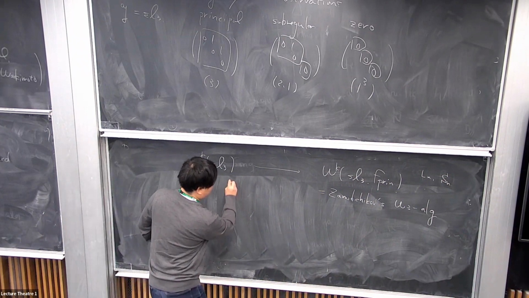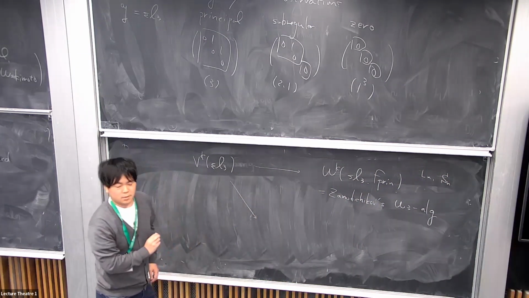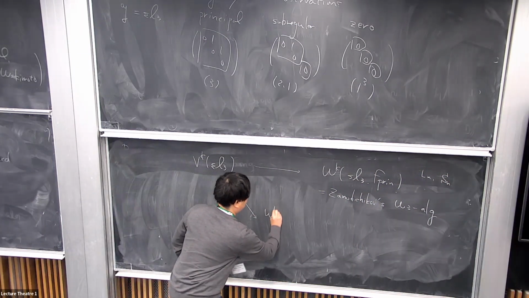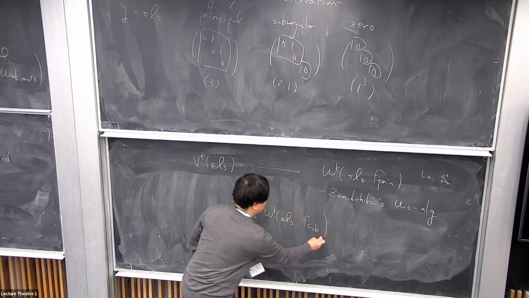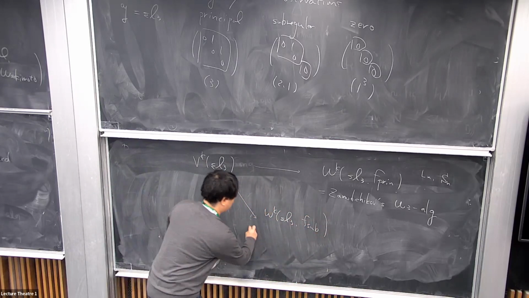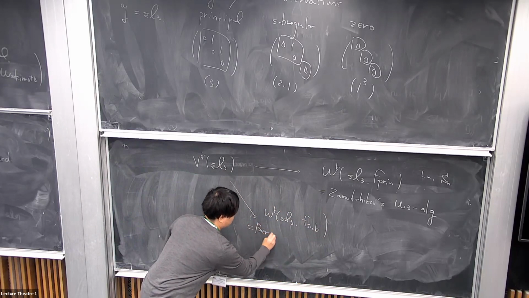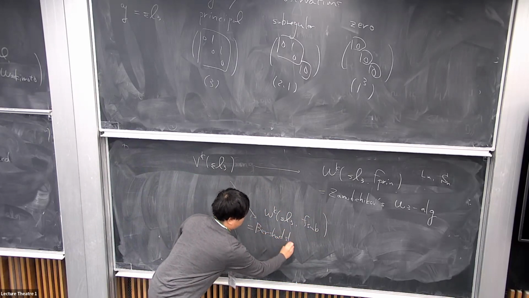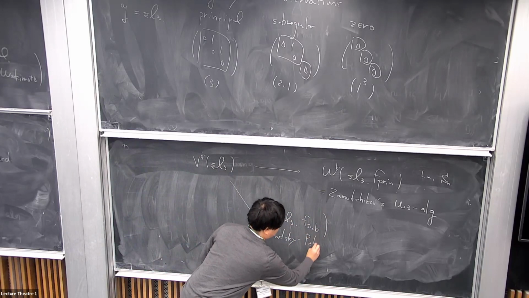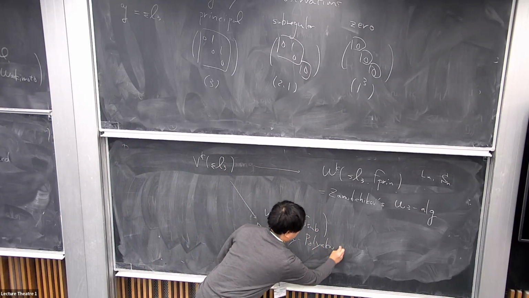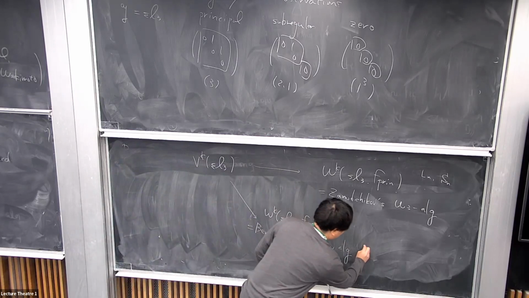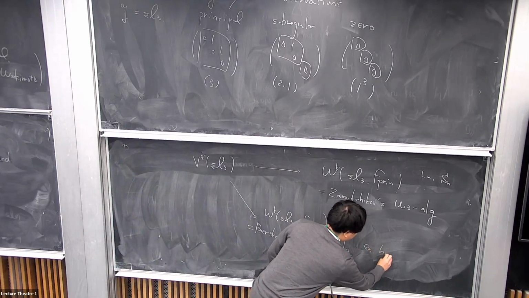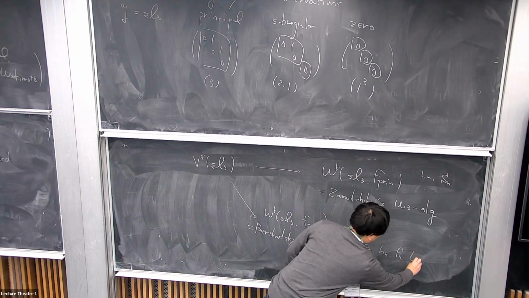But if you choose a subregular nilpotent element, we can define a different W-algebra. This is called the Bershadsky-Polyakov algebra. This is generated by En, Hn, Fn, and Ln.